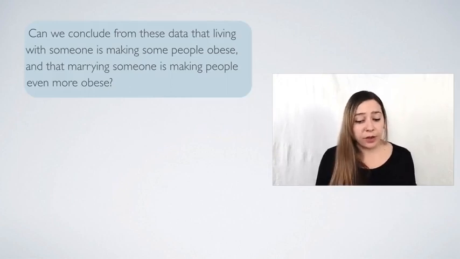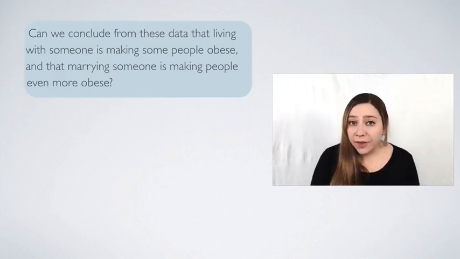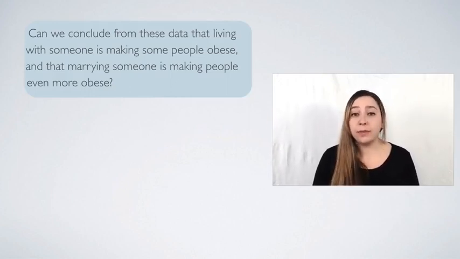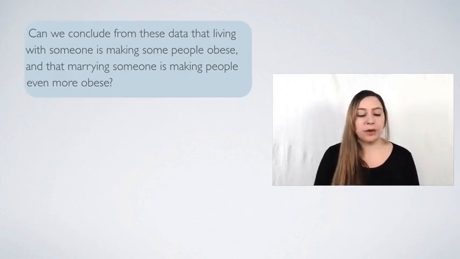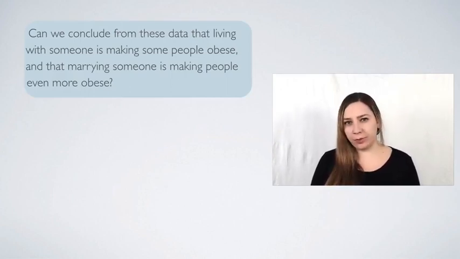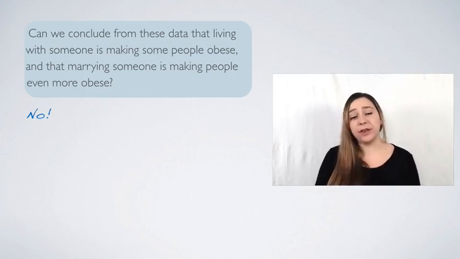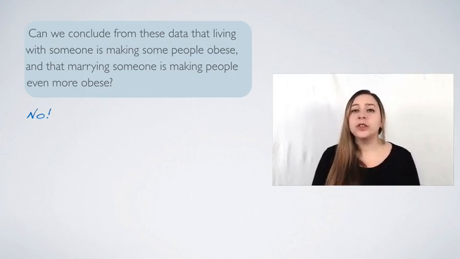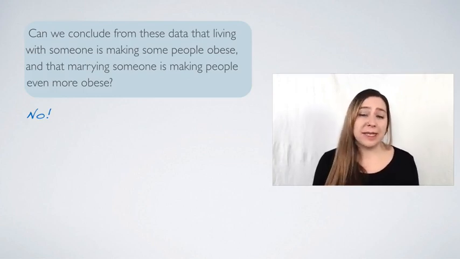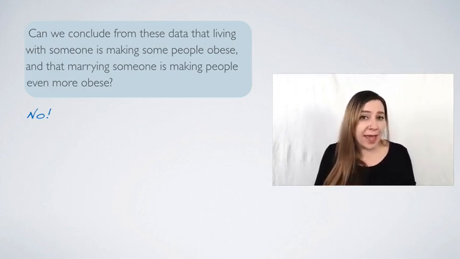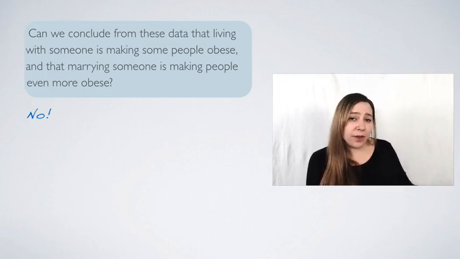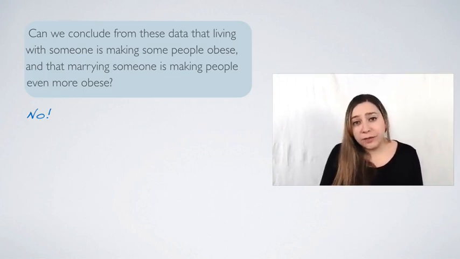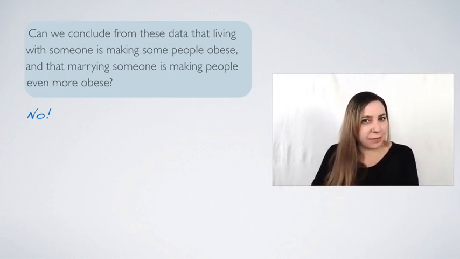So based on the significant p-value, can we conclude from these data that living with someone is making some people obese and marrying someone is making people even more obese? The answer is no, we definitely cannot. Remember that this is an observational study. So what we could be seeing the effect of here could also be age. People tend to date when they're younger, then they start to live together, and then at some point they get married.